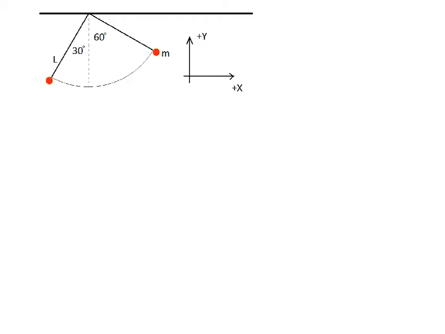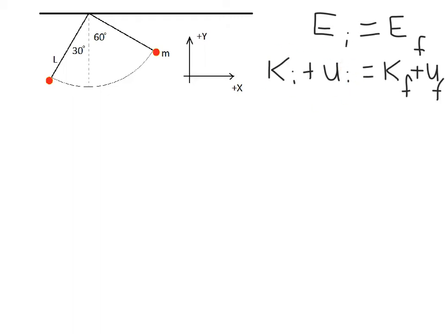Alright, let's try and solve this problem. So we are going to use energy conservation, which tells us that E initial equals E final. We consider the two kinds of energy, kinetic energy and potential energy, and so we have K initial plus U initial equals K final plus U final.